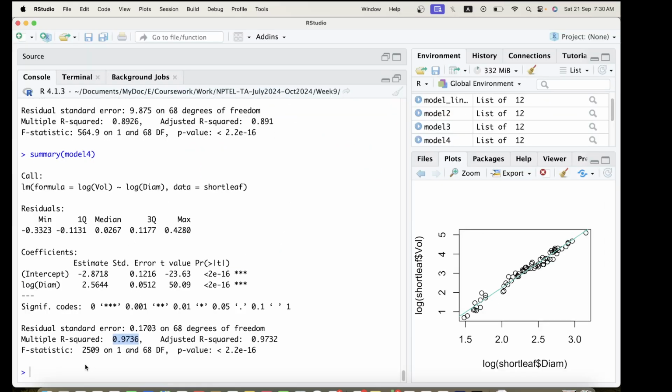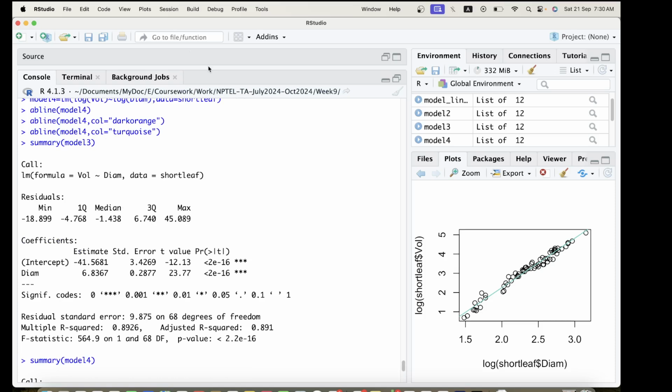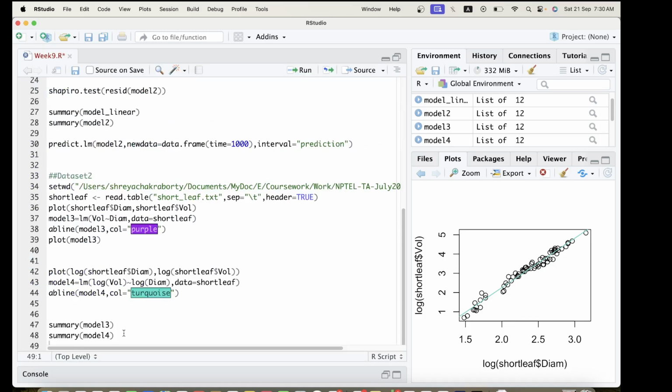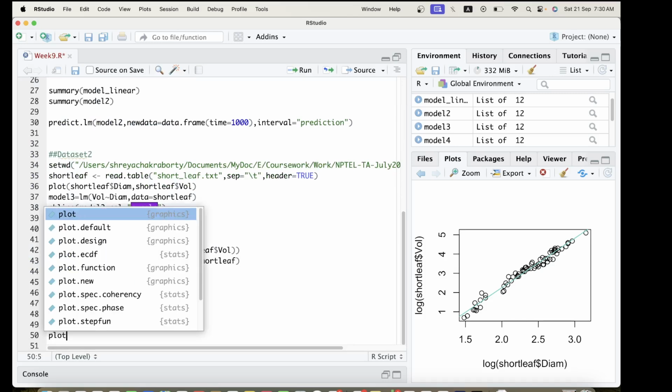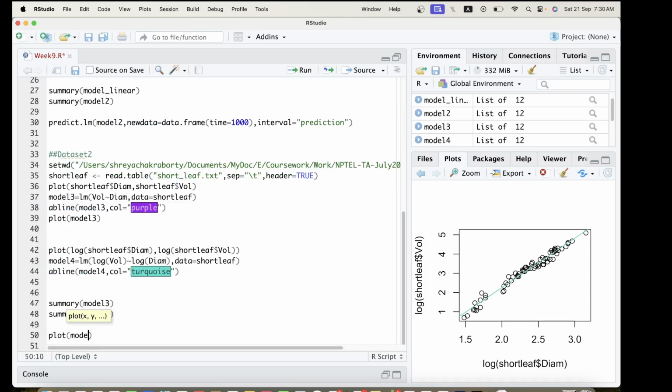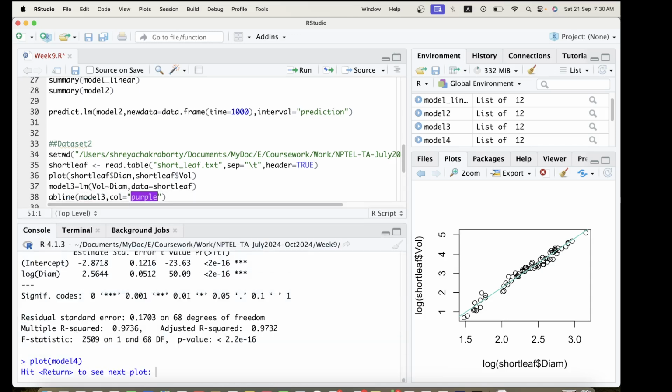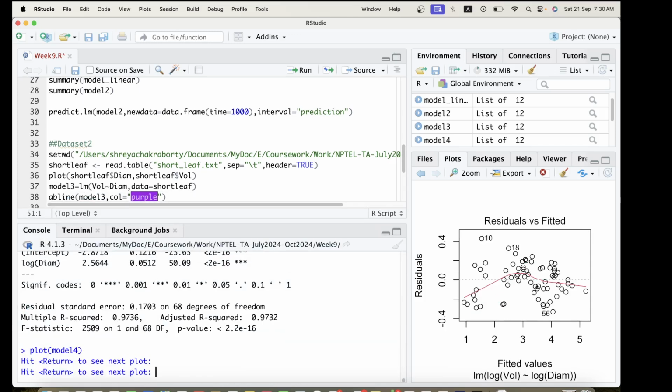So if I go here and write plot of model 4, this is how the residual plot looks like.